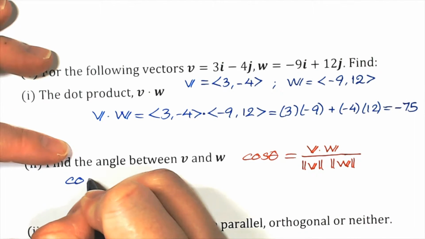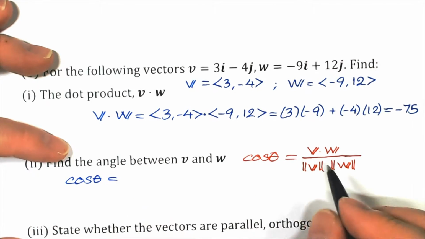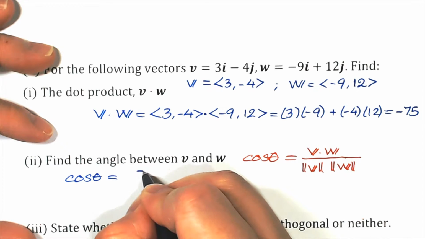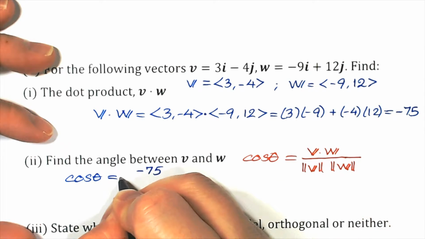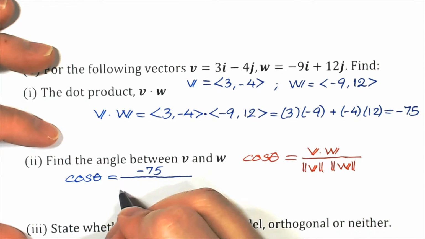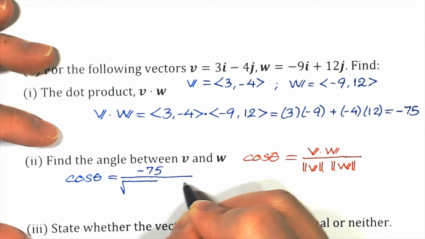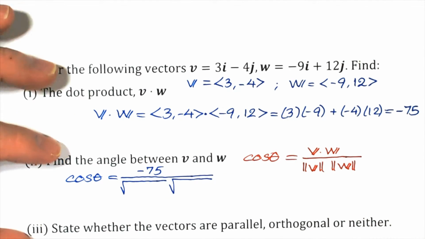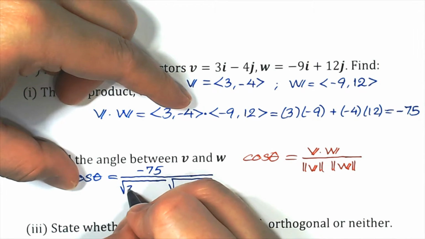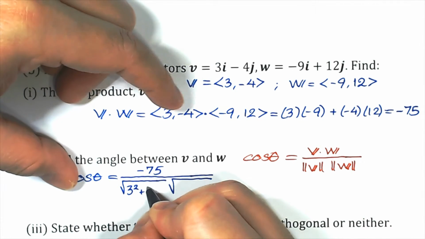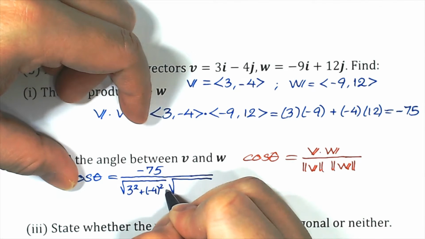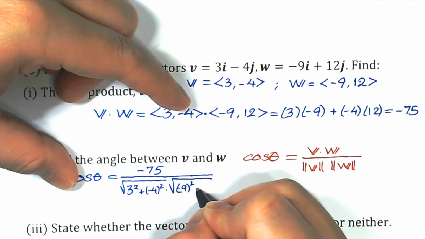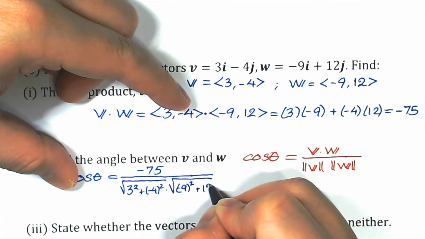So we have cosine of theta, v dot w, we already did that, which is negative 75, and for the magnitudes we use the Pythagorean theorem: square root of 3 squared plus negative 4 squared, times square root of negative 9 squared plus 12 squared.